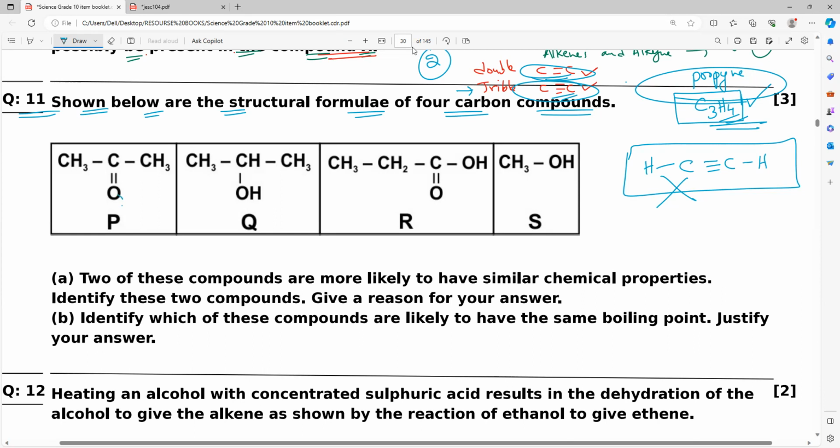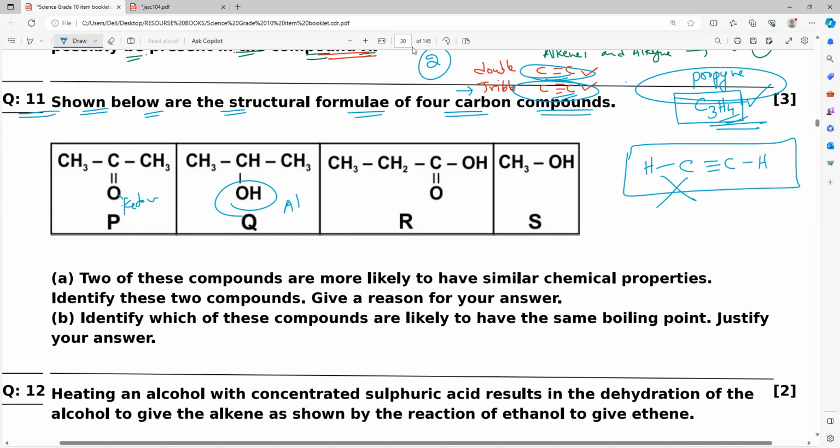So first, what is the functional group? The middle carbon having a double bond to O. Anybody? Ketone. Yes, very good. Next, what is this one? CH3, CH, OH, again CH3. The OH group means alcohol.